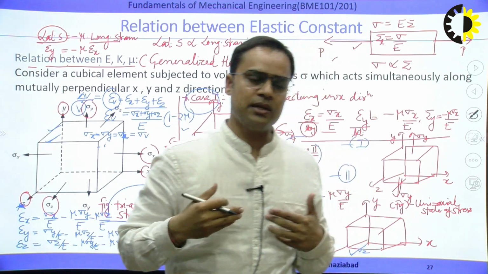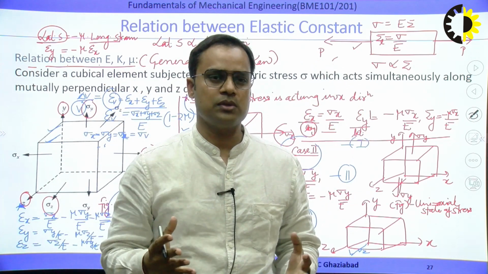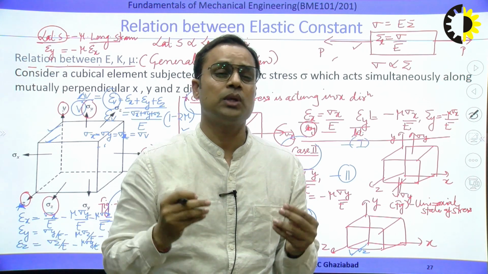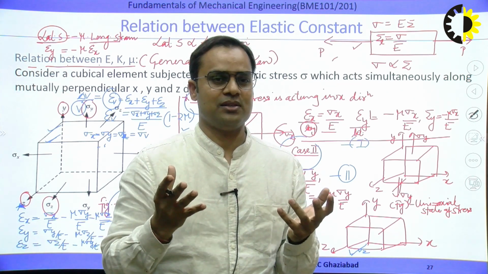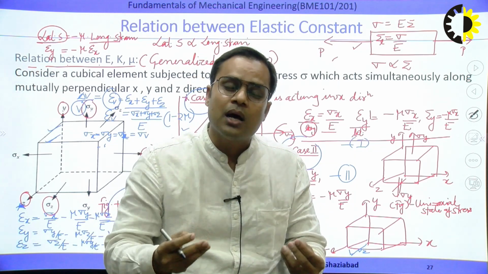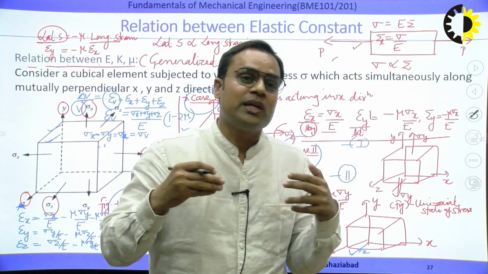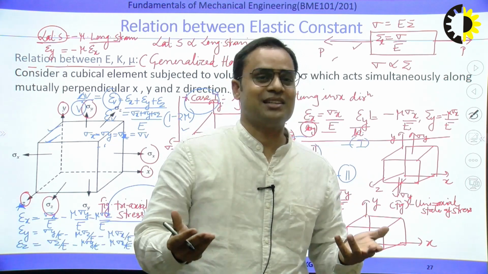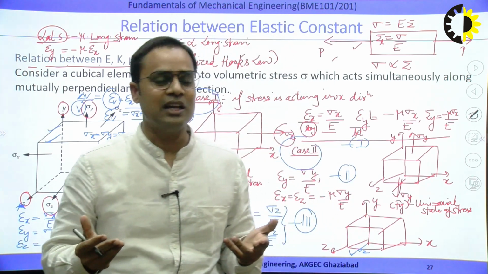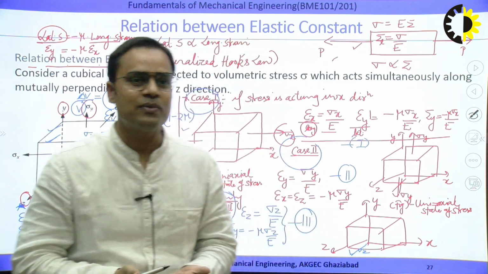Now I am interested to know how much strain is induced in all three directions due to the volumetric stress, the hydrostatic stress, also known as the spherical state of stress. There are three different names we can call it: volumetric, hydrostatic, and spherical state of stress.